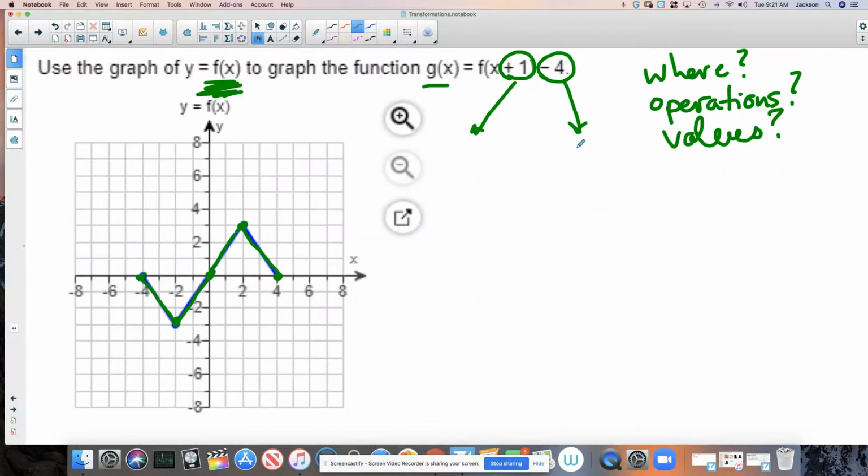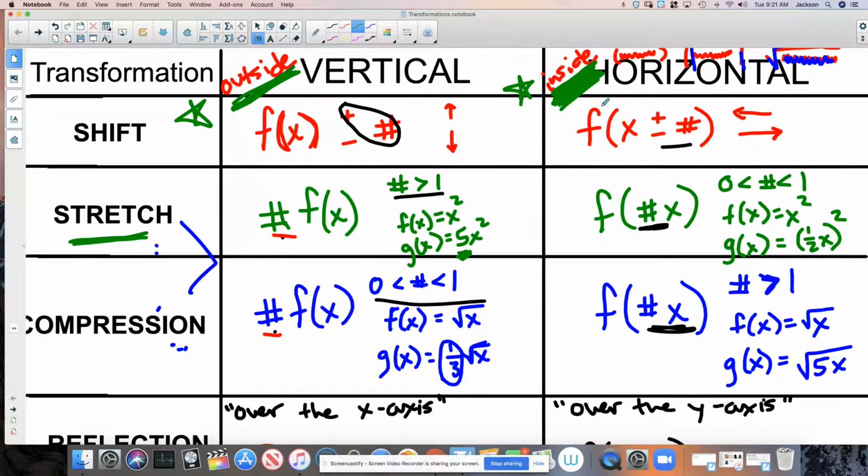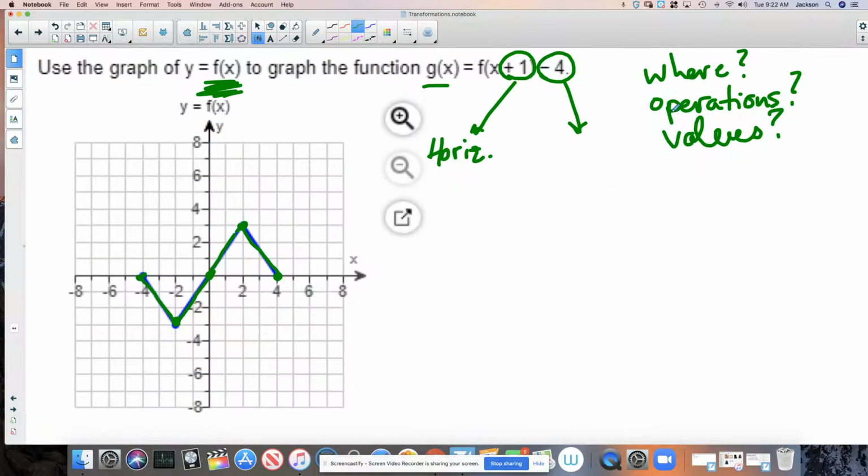Now, what operation is it? This is addition. Only one transformation involves addition and subtraction, and it's the shift. So based on where the +1 is and the fact that it is addition, we know it's a horizontal shift.